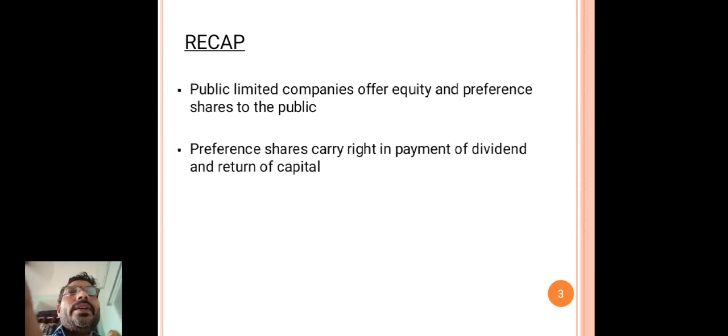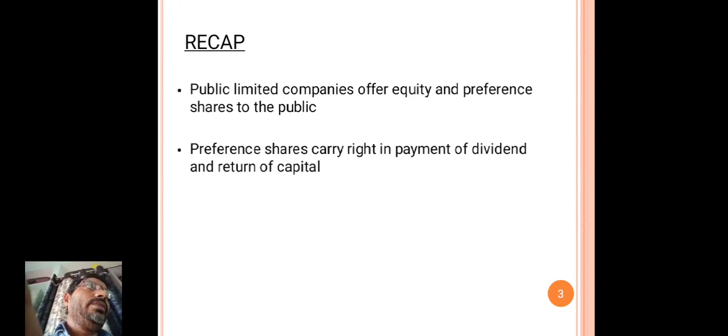There are some differences between an equity share and a preference share.